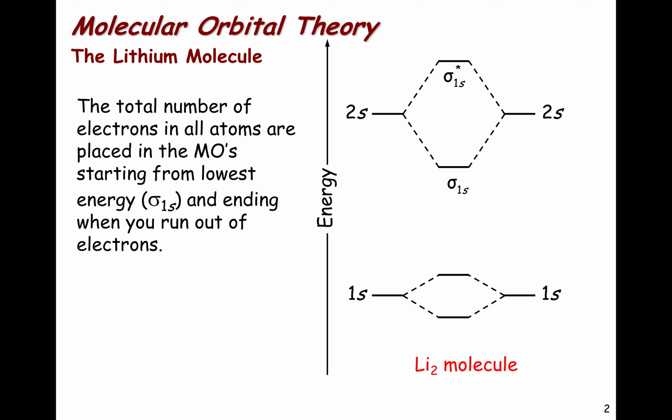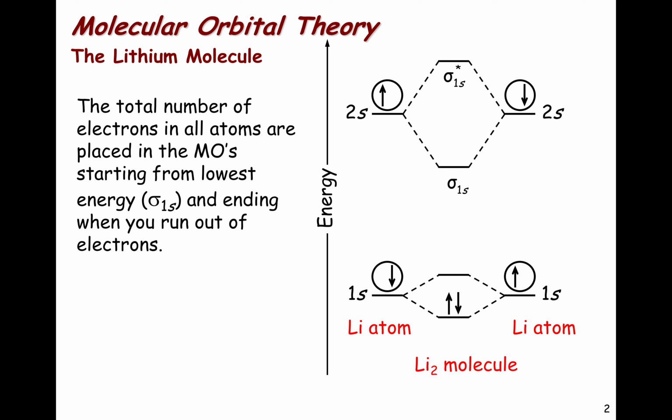So in this particular case, if we have 3 electrons and place them into the atomic orbitals of one of the lithium atoms and then a second lithium atom, you'll notice that we have spin pairing in the 1s orbitals, but the unpaired electrons in the 2s orbitals can then have opposite spin.